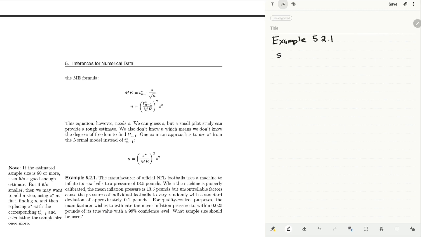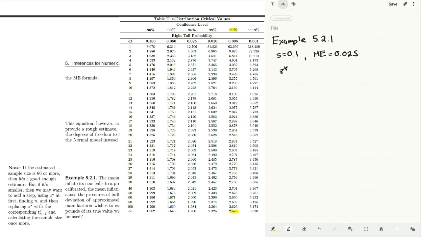So we're given that the standard deviation is 0.1 pounds. The margin of error we want to achieve is 0.025. And the last thing that we need is the critical value that corresponds to 99% confidence. Now recall that the t distribution is exactly normal if we have infinite degrees of freedom.